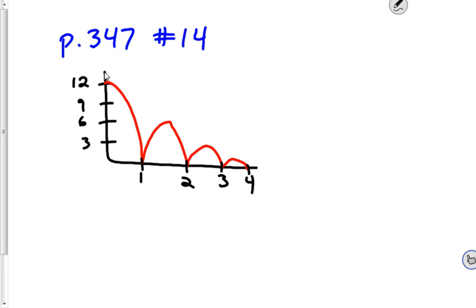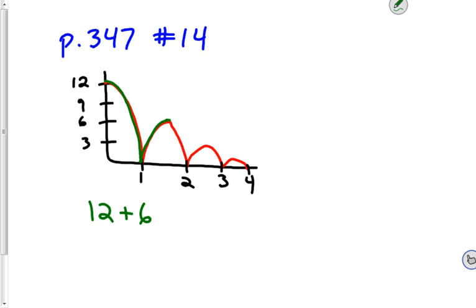All right. So we need to find the total distance the ball has traveled when it hits the ground for the fourth time. So how do I want to do this? This first piece right here would obviously be 12 feet, right down to the ground. Then the second piece would be up 6, so plus 6.